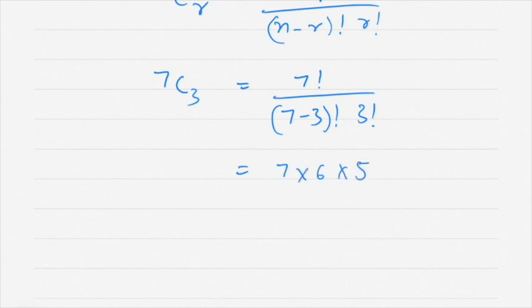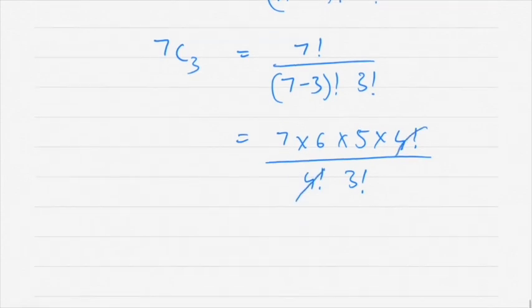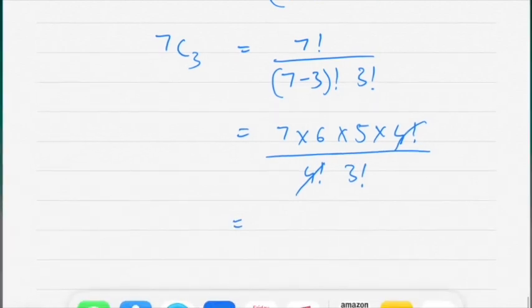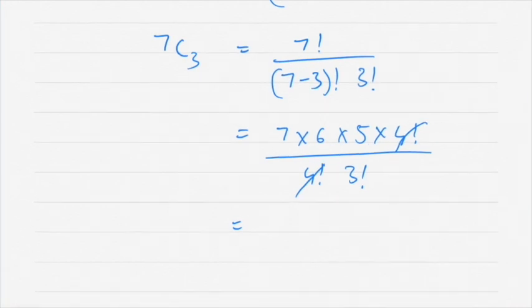Seven minus 3 is 4. So 7 into 6 into 5 into 4 factorial, divided by 4 factorial, 3 factorial. 3 factorial is 3 into 2, right?